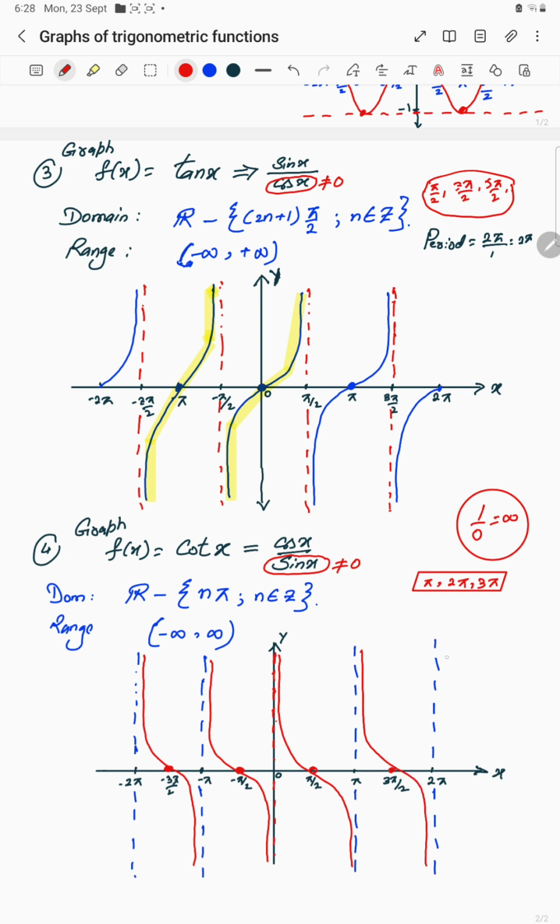And this will be the shape you will experience while going through this cotangent graph.